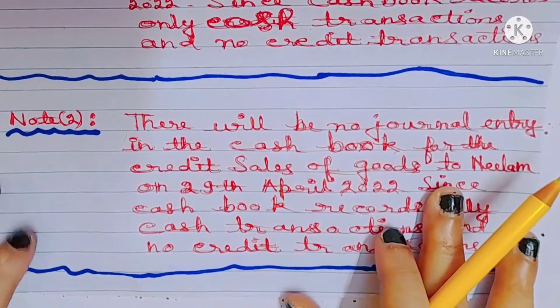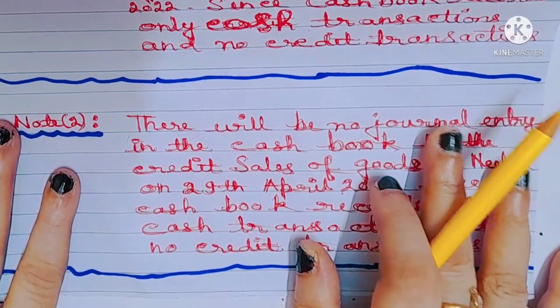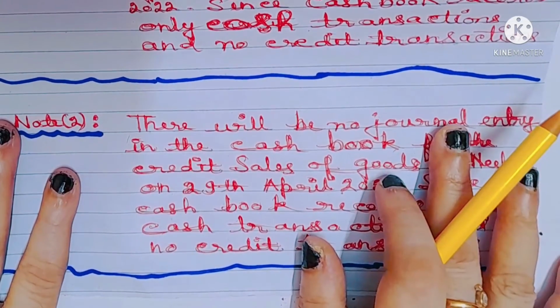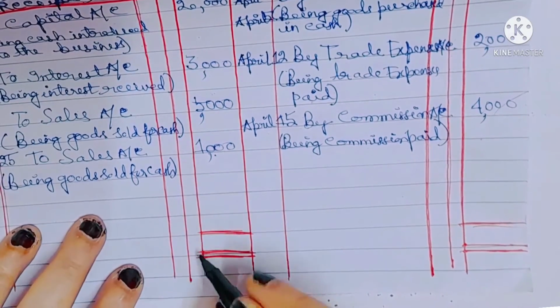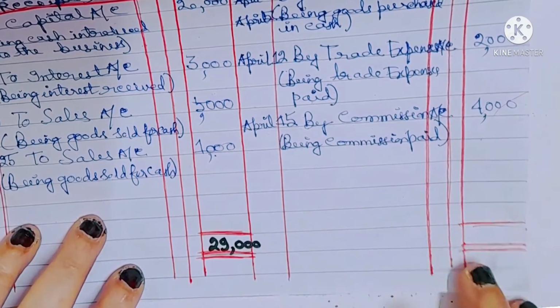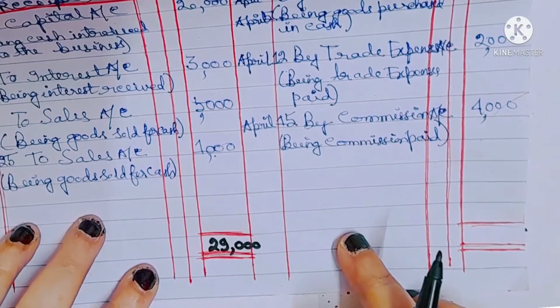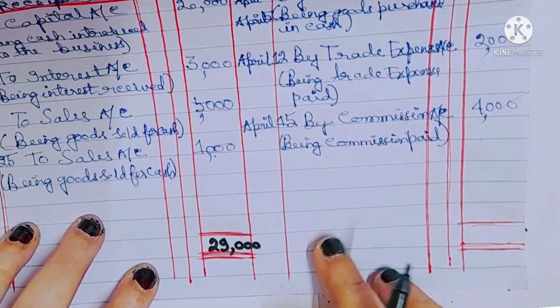Okay? Now, we'll have to calculate the total of debit column and the total of credit column. So, let's do it. The total of debit column is 29,000 and the total of credit column is 21,000. The rule is we have to write on both sides the total which is greater.